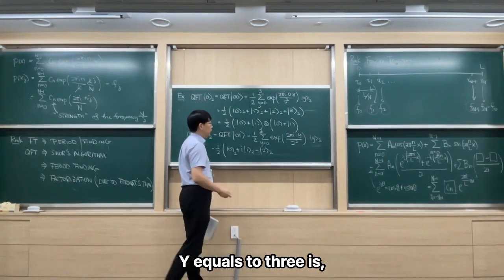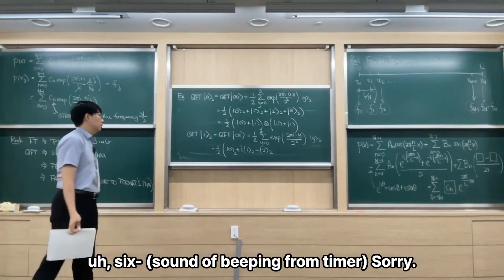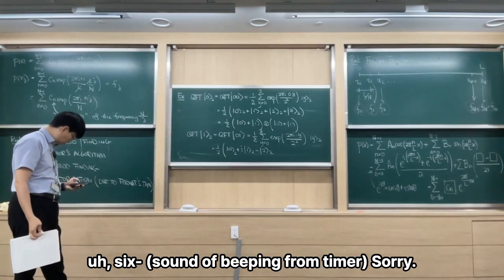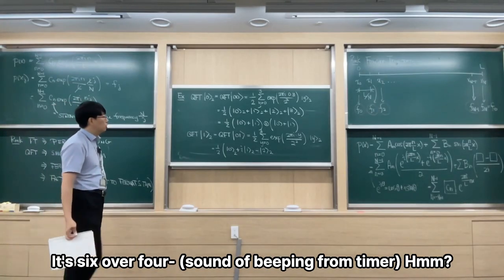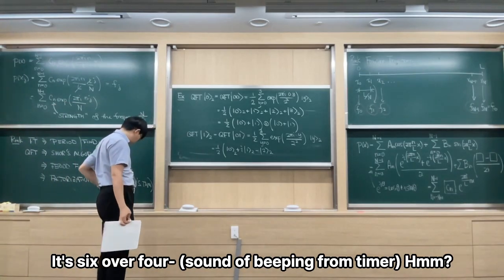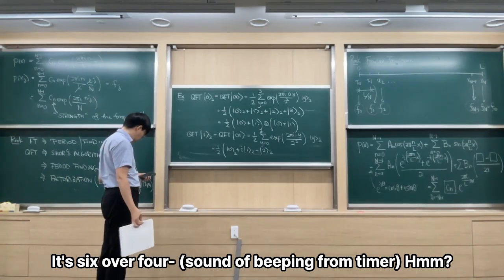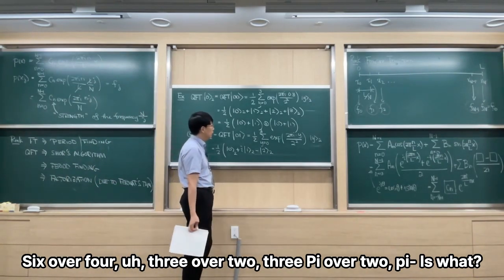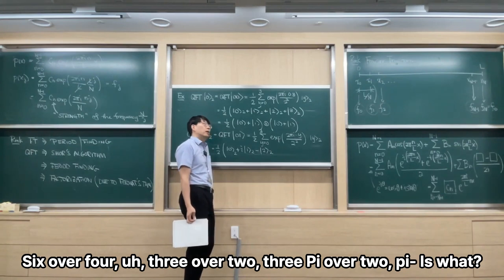When y equals 3, it is 6. Sorry, it's 6 over 4, which is 3 over 2. So 3 pi over 2 is what?